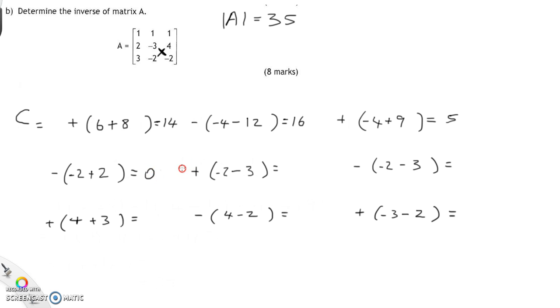Let's check my answers here. Right, minus 2 minus 3 is going to be minus 5. And then this guy's going to come to plus 5 because that's inside the bracket comes to minus 5, and a minus by that gives us a plus 5.